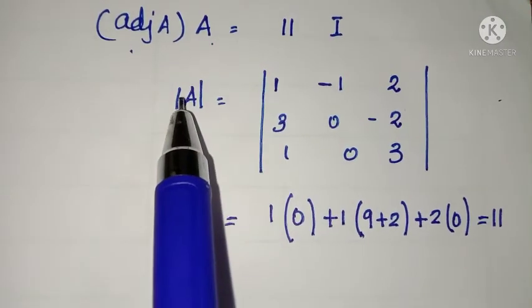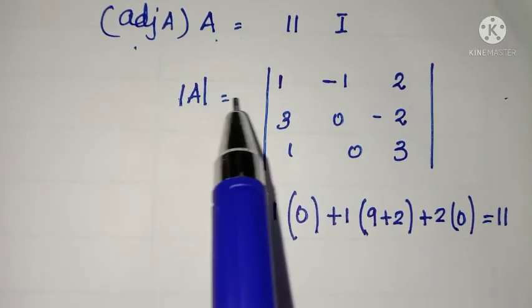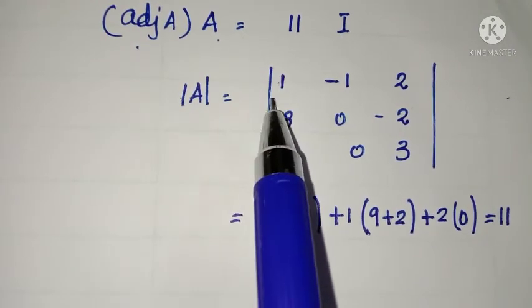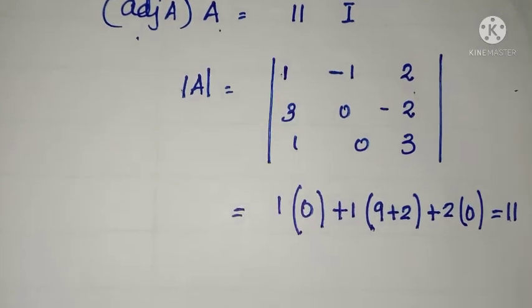Okay. Now what is determinant of A? Determinant of A is obtained by determinant of the matrix. It gives 11.